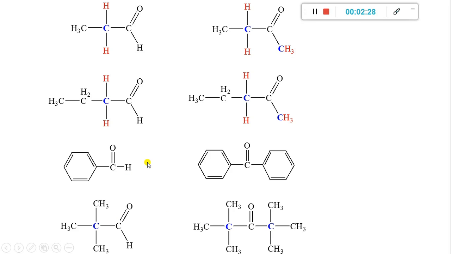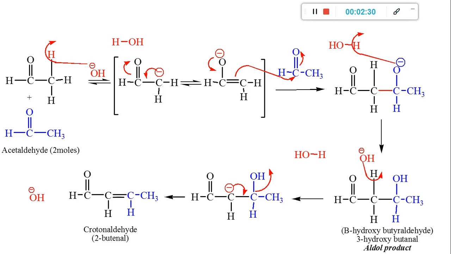To explain this, let's see the mechanism of the aldol condensation reaction. As we said before, two molecules of the same compound, aldehyde or ketone, with acetaldehyde as an example. At the first step we have dilute base, OH negative anion, which will abstract this alpha hydrogen, this proton without electron.